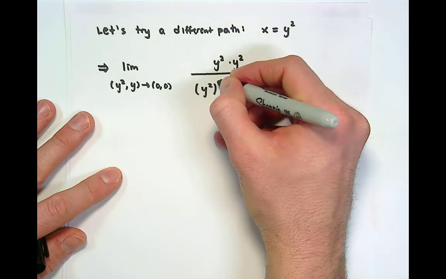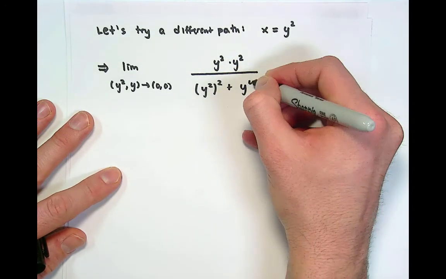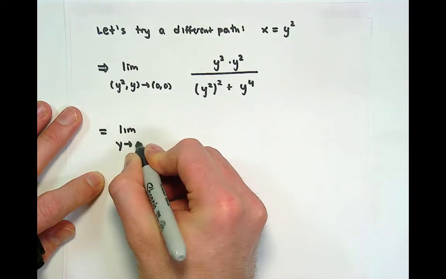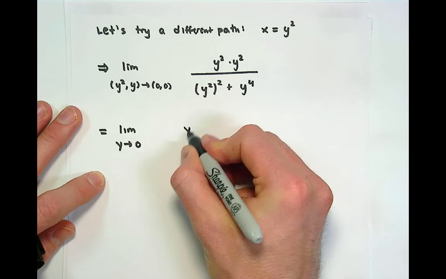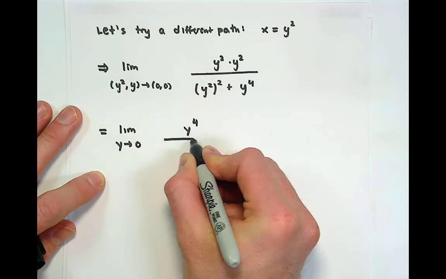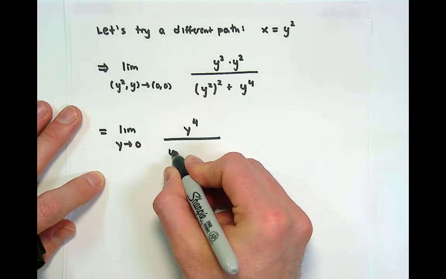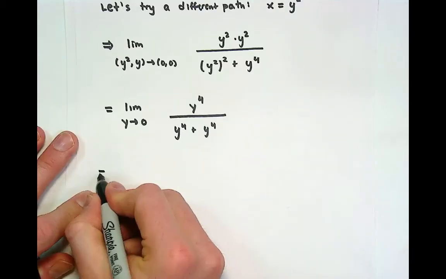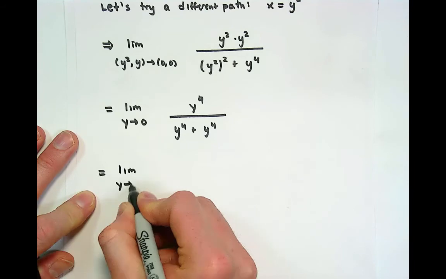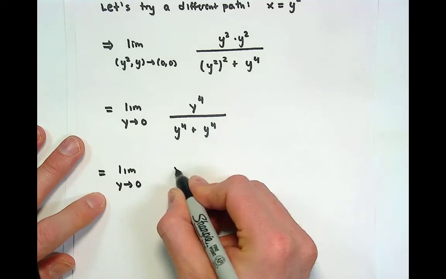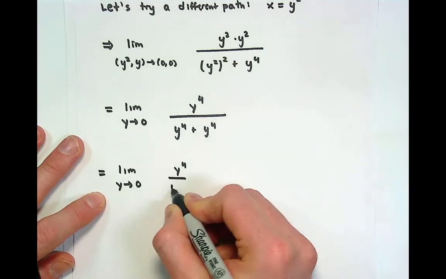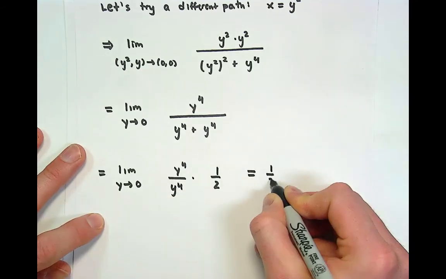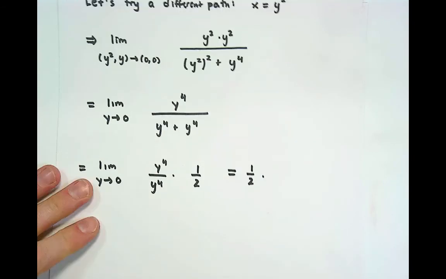Here I say that this is y squared squared, and then I have y to the fourth. Well, we've just transformed a multivariable limit into a single variable limit. Now this becomes y to the fourth on top, and on the bottom I've got y to the fourth plus y to the fourth, which, using my glorious algebra, I can recognize as y to the fourth over y to the fourth times 1/2, and this limit is indeed 1/2.